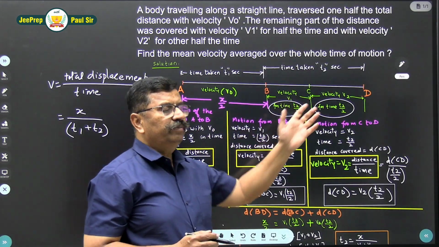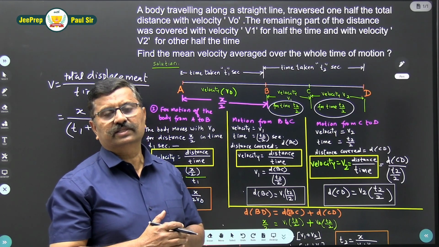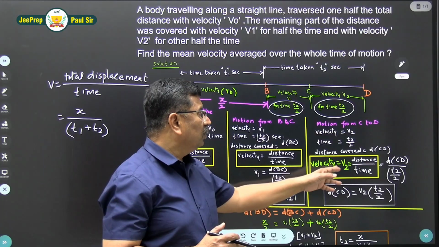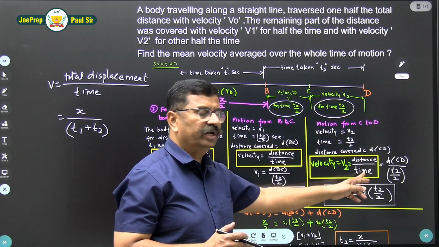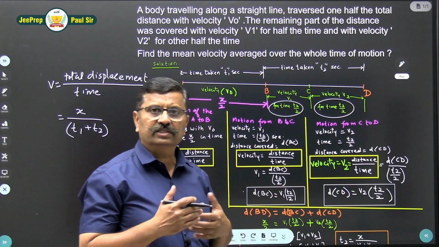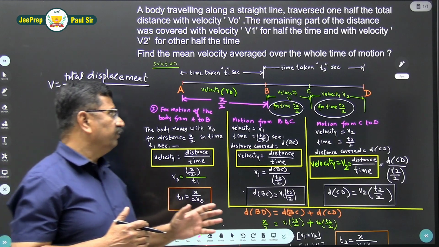Now for the remaining half of the time the body is covering distance CD. So velocity v2 is equal to distance CD upon time t2 by 2. Therefore distance CD is equal to v2 into t2 by 2.